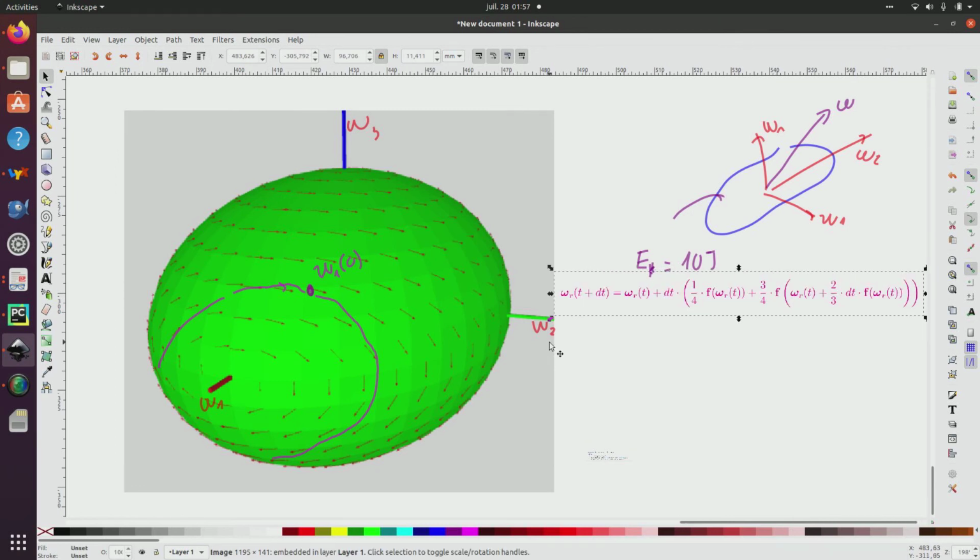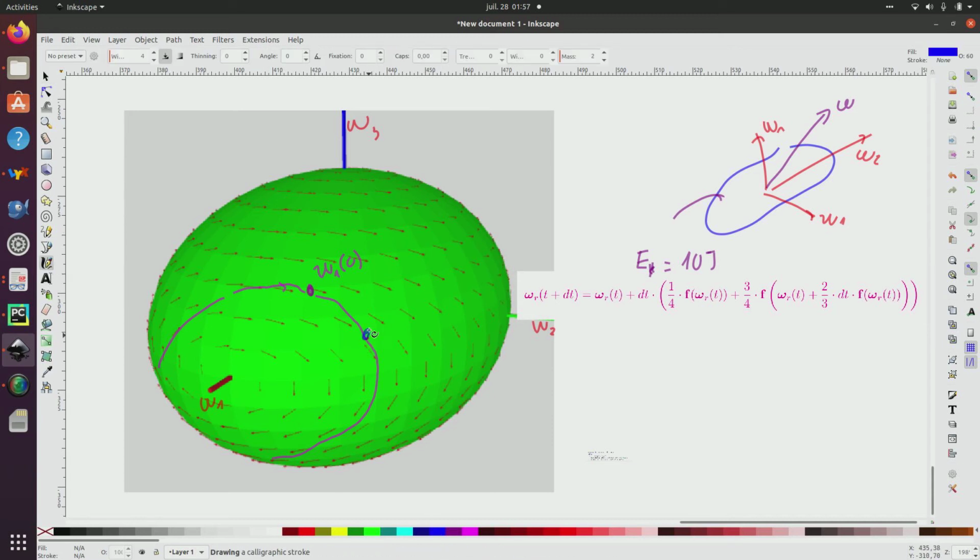So it means that if at time t I am here, then I will have to follow the field. The field corresponds to f, and it is given by the Euler formula. Let me recall that f of omega r is given by minus I inverse multiplied by omega r vector product I omega r.